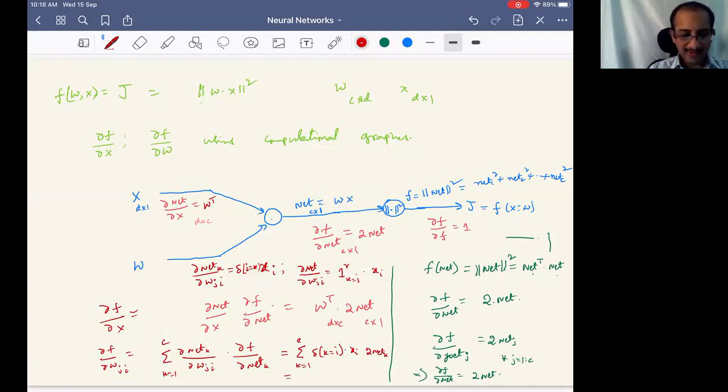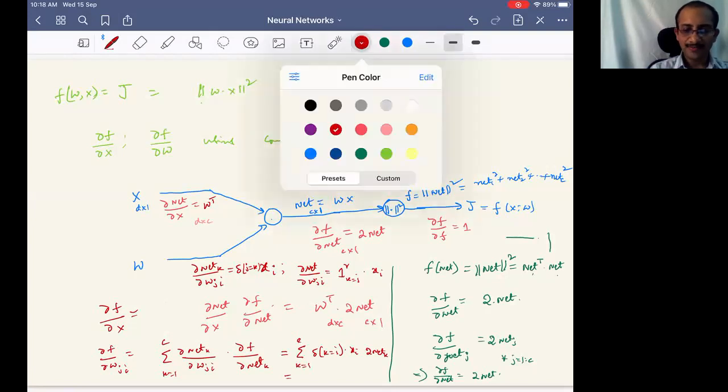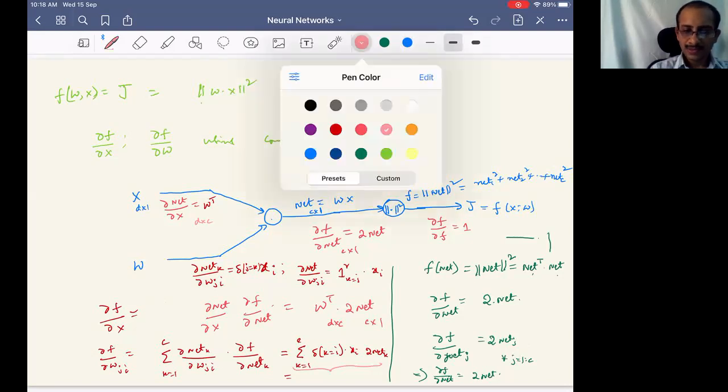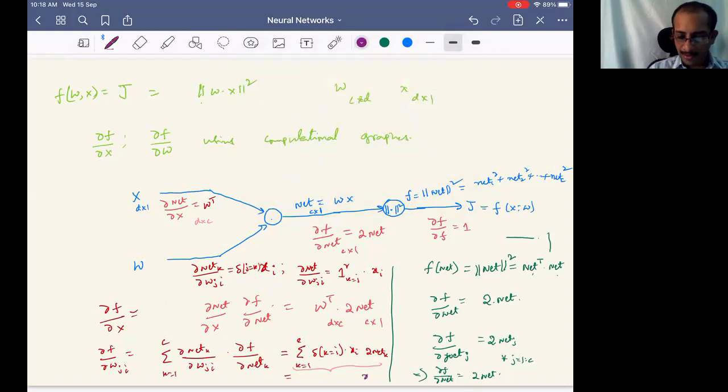So what is the answer for this? Can one of you quickly tell? I want a simplified answer for this. This whole thing now I should write simply. Yeah, one quick answer is required now. x_i into 2 net_j. Yeah, x_i into, very good, 2 into net_j, that's all.